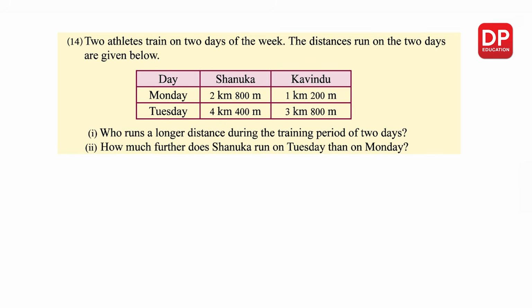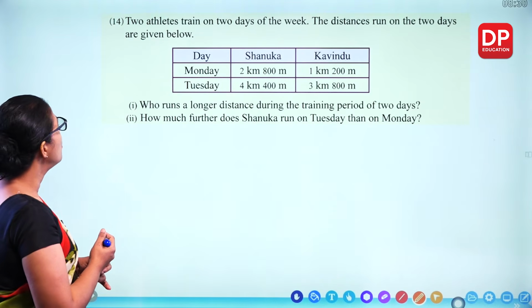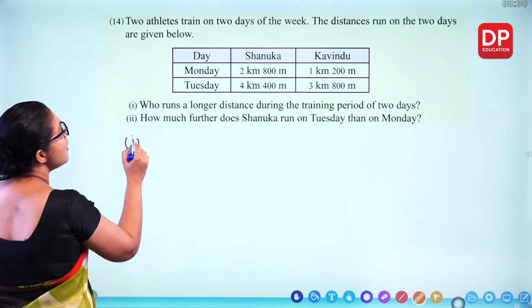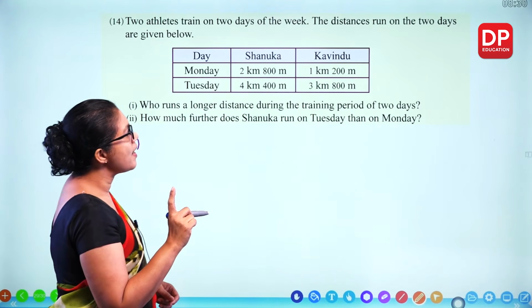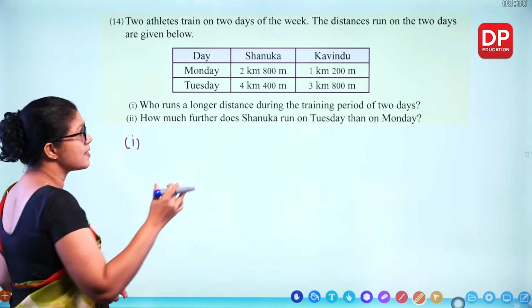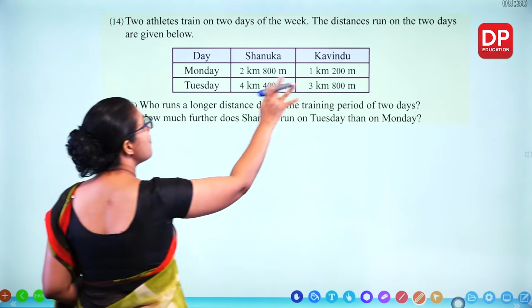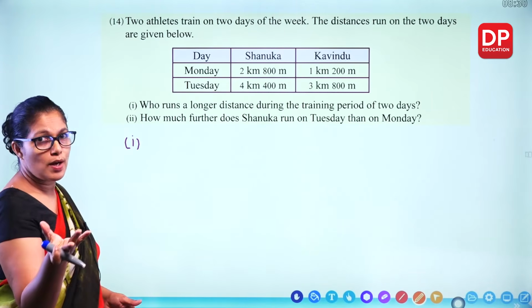Question number 14. Two athletes train on 2 days of the week. The distances run on the 2 days are given below. Shanuka and Kavindu. Who runs a longer distance during the training period of 2 days? So we need to first take the total here and the total here separately and see which one is bigger.